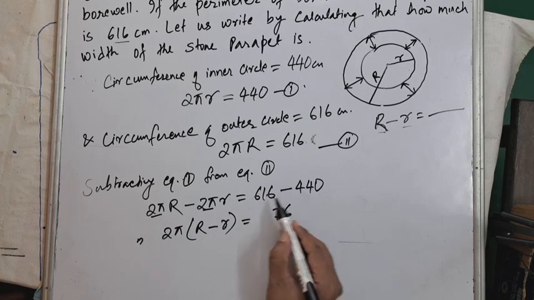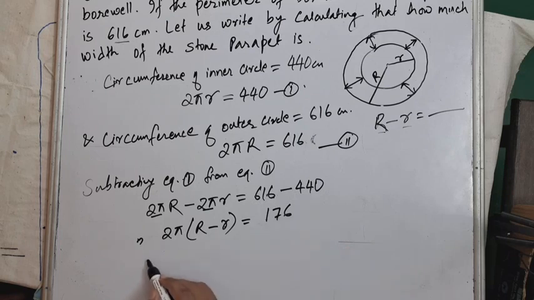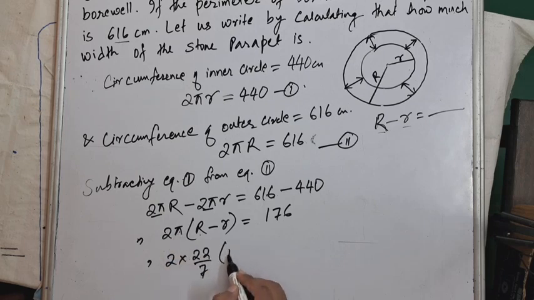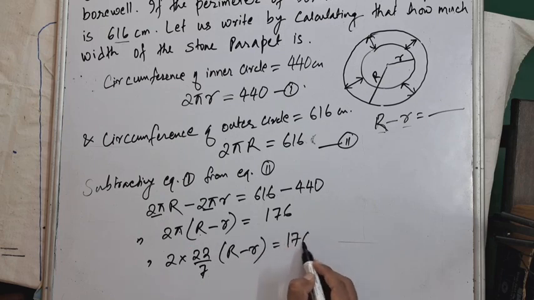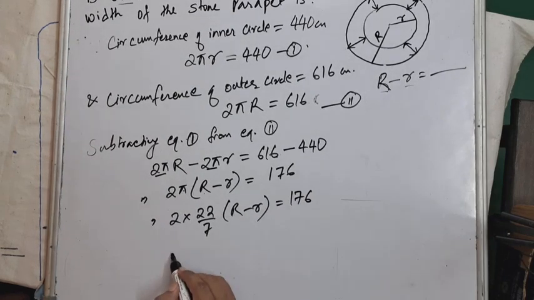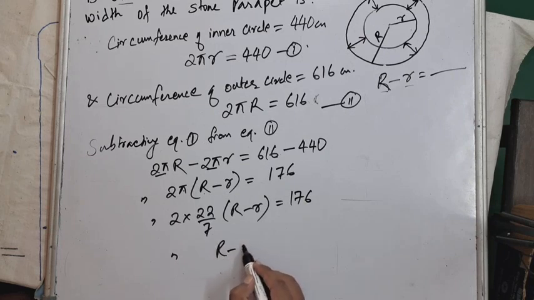This becomes 5. 5 minus 4 is 1. Okay, so 2 into pi means 22 by 7 into capital R minus small r equal to 176, or capital R minus small r equal to 176 on the right hand side.